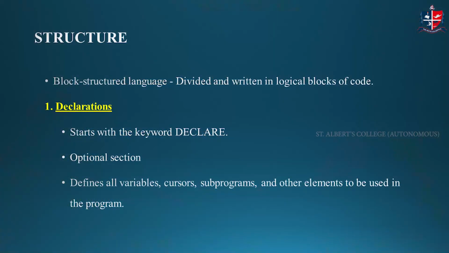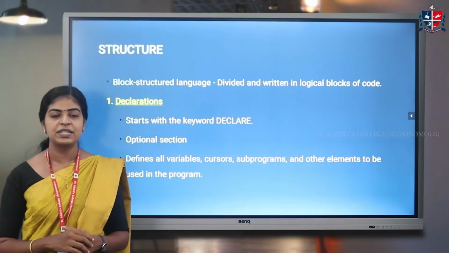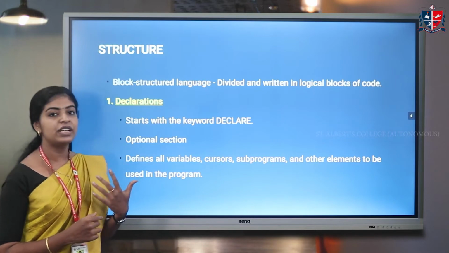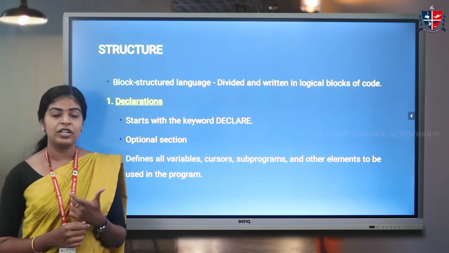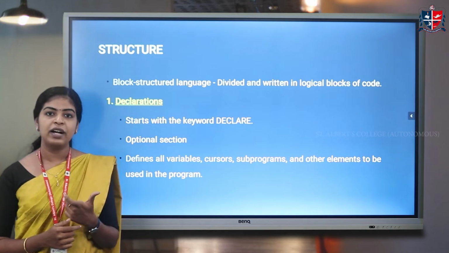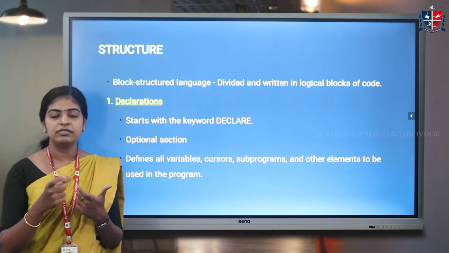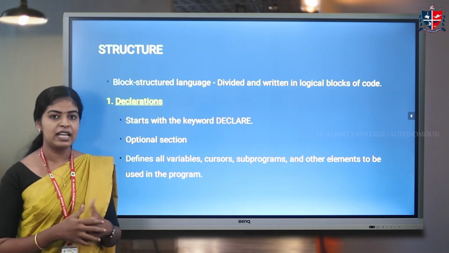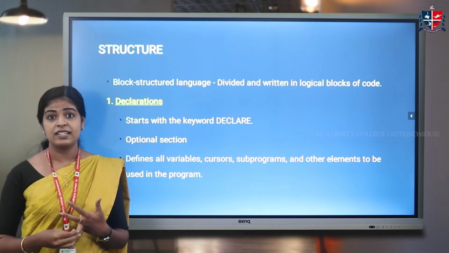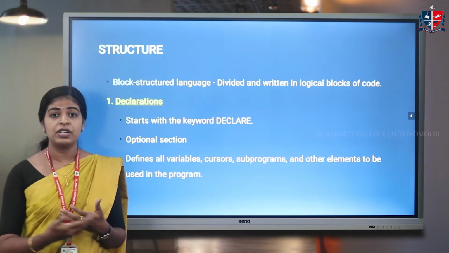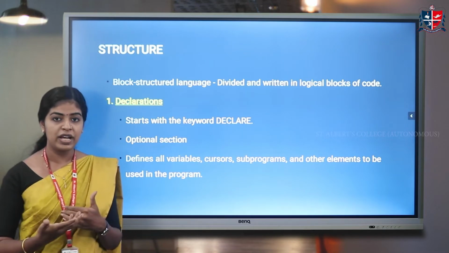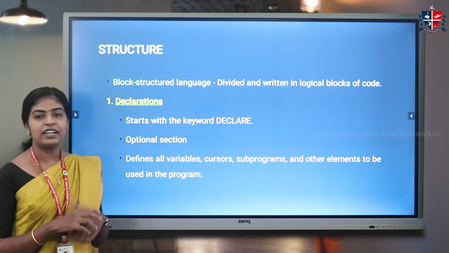We have a basic or standard structure for PLSQL. There are three parts. First one is declaration. In this declaration part, we use a keyword called declare. In this declare part, the things we use in this language, like variables, cursors, or any other elements we are going to use, can be defined.